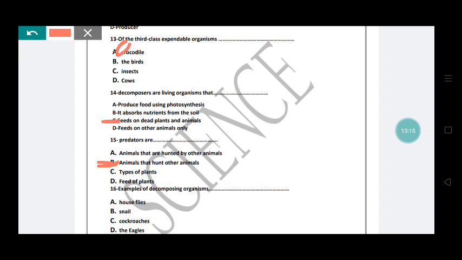Examples of decomposing organisms: eagle, cockroaches, snails, houseflies.